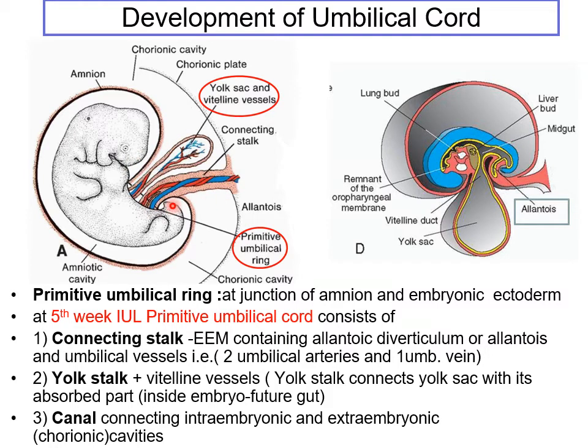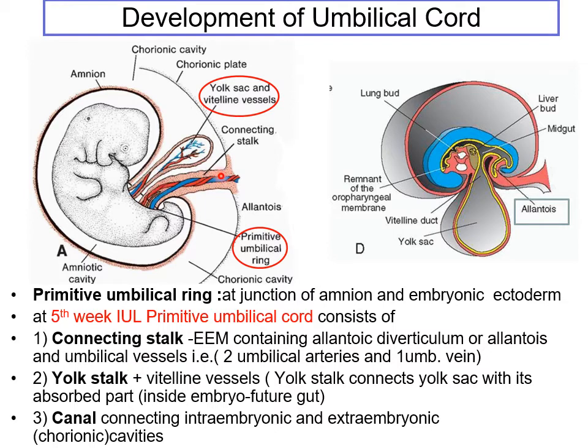Let's see what it consists of. This is the original connecting stalk, which is mesoderm. Look at that orangish tissue there, that is extraembryonic somatic mesoderm, containing the allantoic diverticulum. It's not shown in figure A, but here it is, the allantoic diverticulum as seen here, as also the umbilical vessels.